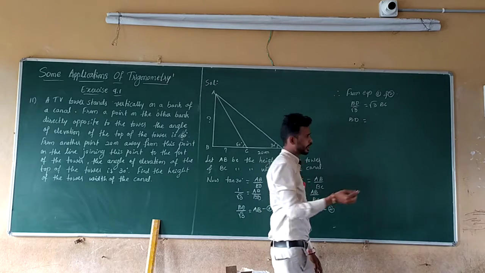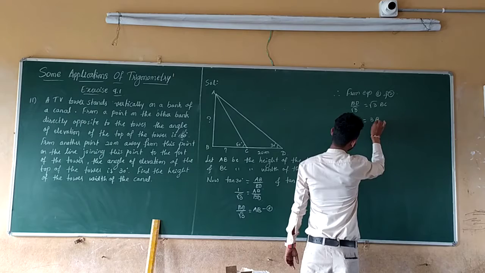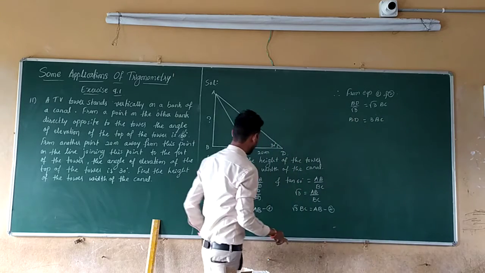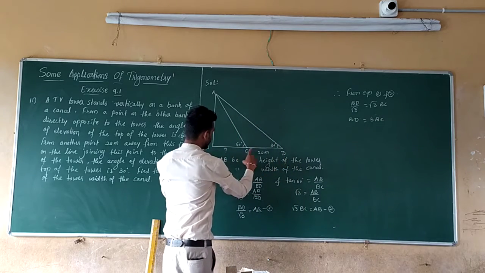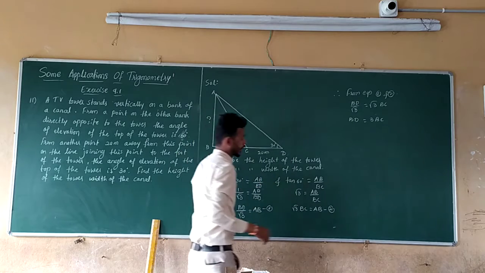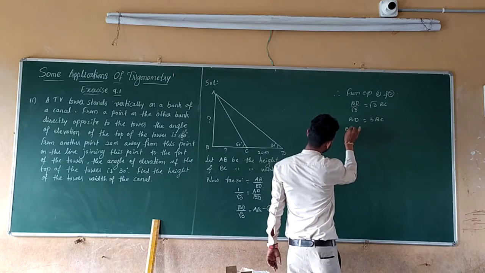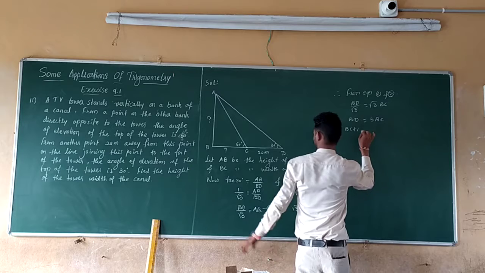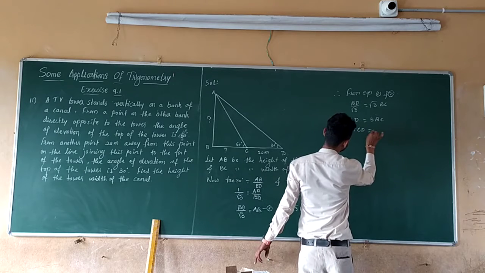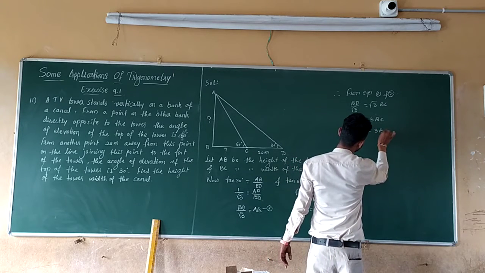Root 9 value is 3, so 3 BC. Now BD we can write as the sum of BC plus CD. So BC plus CD is equal to 3BC.